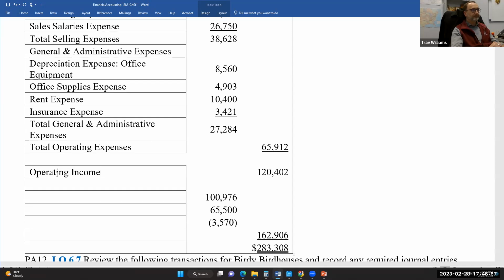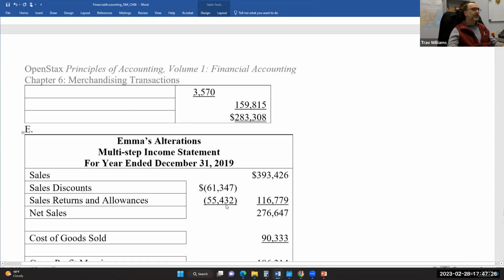Okay. The next section is called other revenue and expenses. So we have two types of revenue we can see here because they're positive numbers. And then this expense is written as a negative number. Sometimes it's not, and you just have to remember that it's decreasing. But here they made it easy for us and they put it in parentheses. So let's see what these are from.